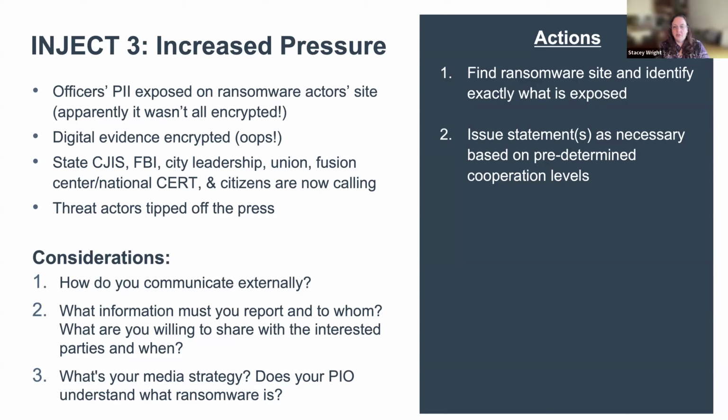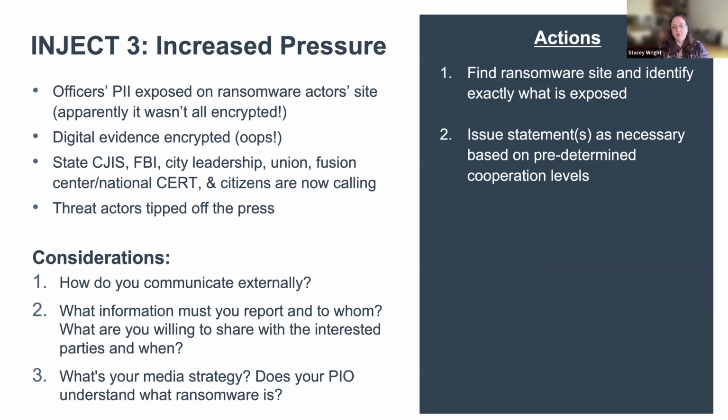It may be based on whether your data is protected or they could actually leak something. In our scenario, we wanted to take this a little bit deeper and say, we're going to make these guys really bad guys. They are going to choose to leak things, and they are purposely choosing to leak items that we have seen come out of police departments before when they were impacted by ransomware.